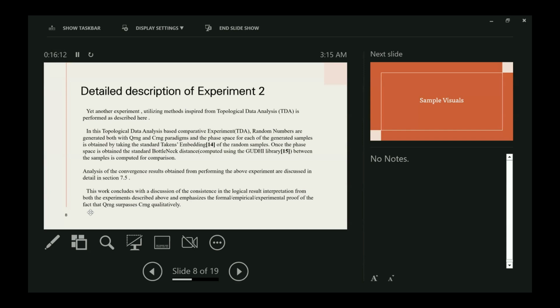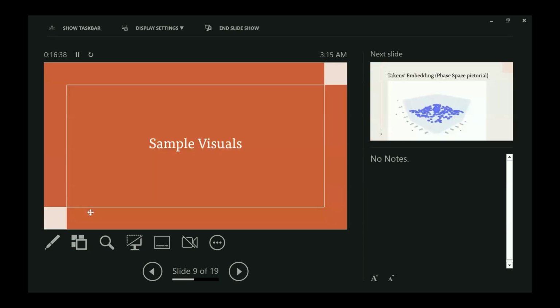And as mentioned in the results section, the discussion and the logical result interpretation from both experiments emphasize the experimental proof of the fact that QRNG surpasses CRNG qualitatively.